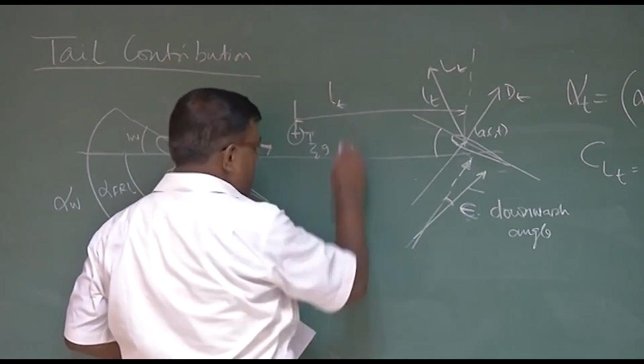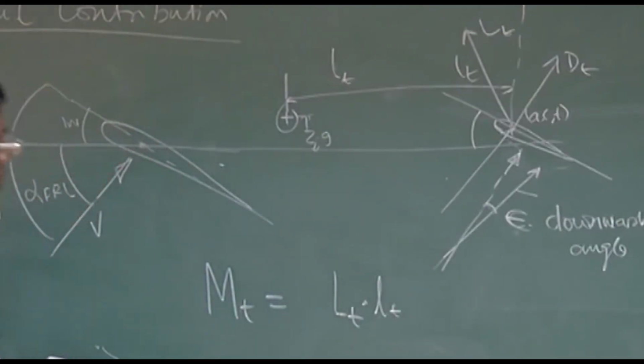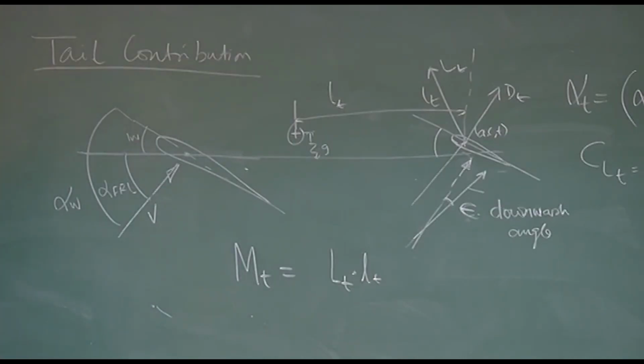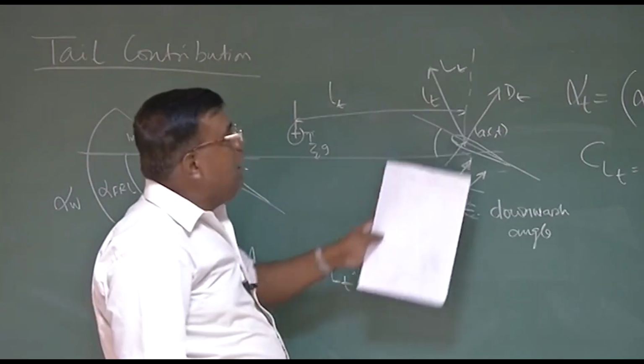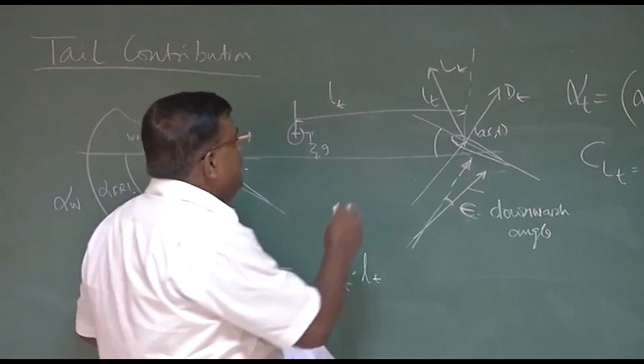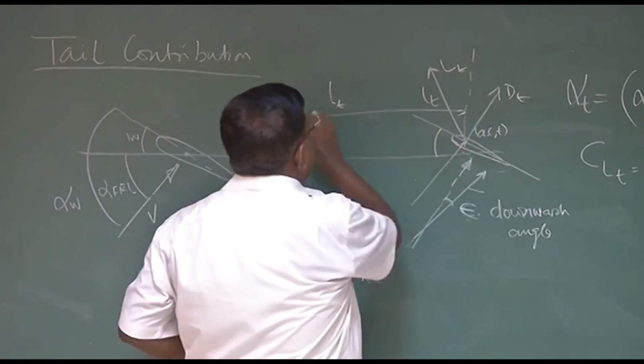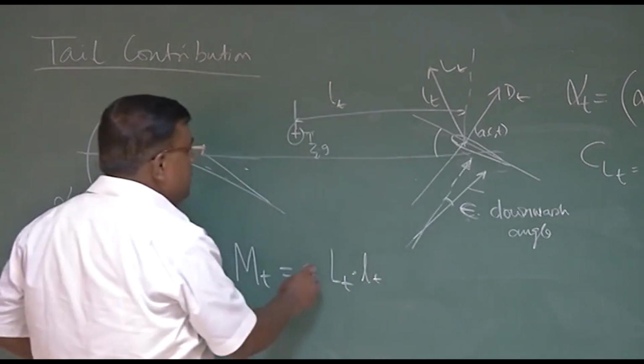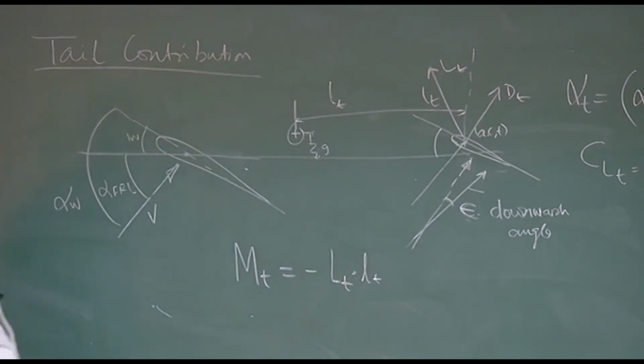Let's say this is LT, so big LT into LT. What will be the moment? Moment will be primarily because of tail. I am assuming all angles to be small. Very common sense, you can understand that this lift force into this moment arm LT will give the moment. However, I put a minus sign because positive lift will give me nose down moment, and nose down moment is negative. As simple as that.